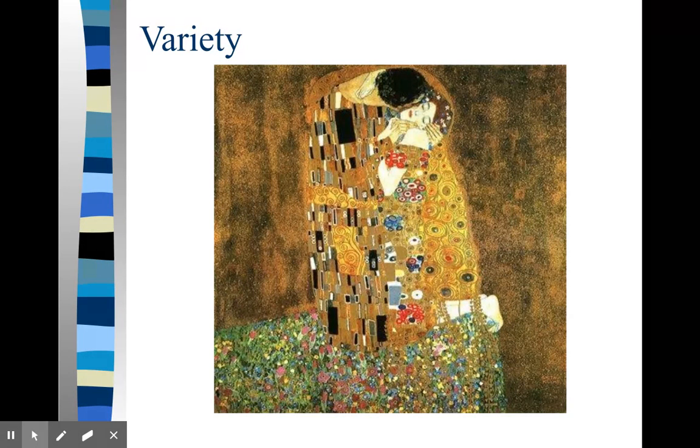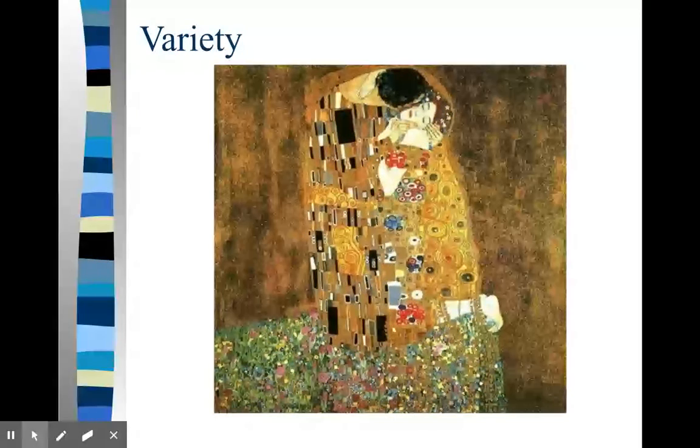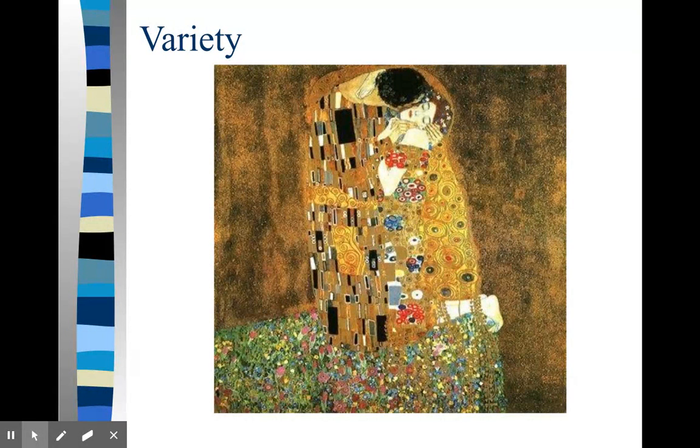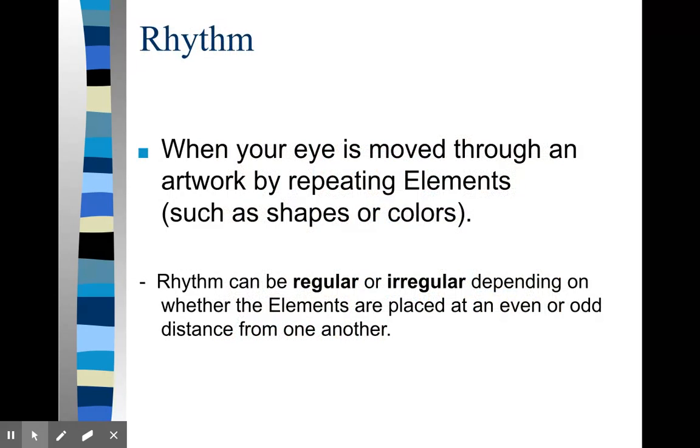You see the angular rectangles in the man's quilt, the circles in the woman's quilt, the colors in the flowers, the colors in the woman's area so that you can actually see her contours. So this is a piece by Gustav Klimt called The Kiss, and it has both unity and variety.